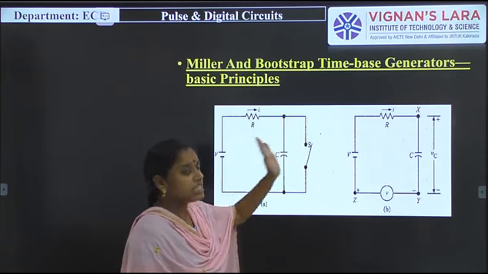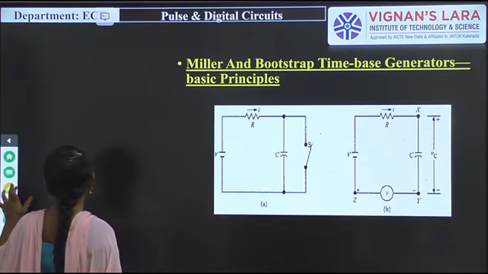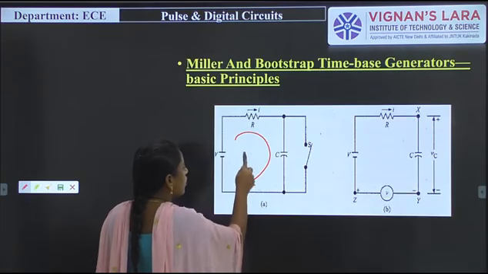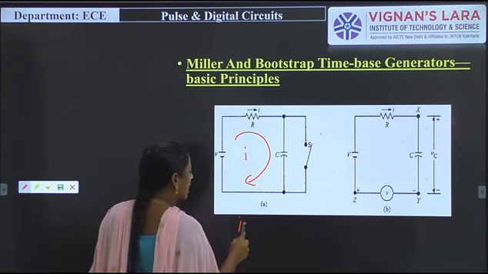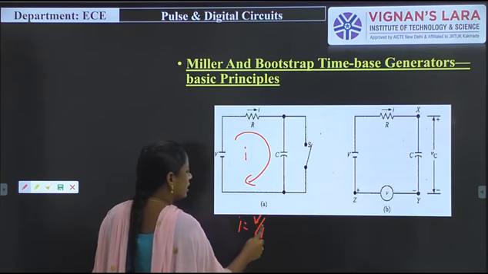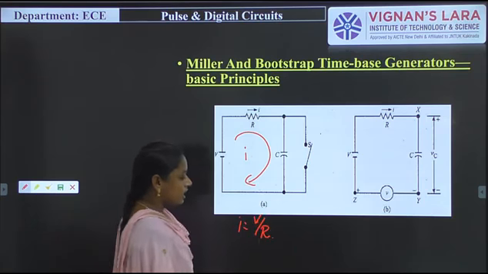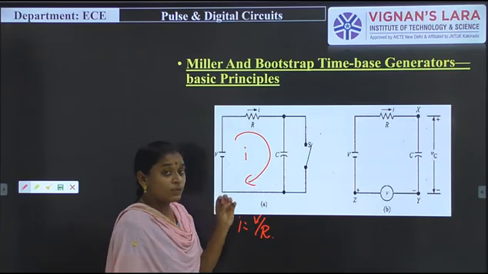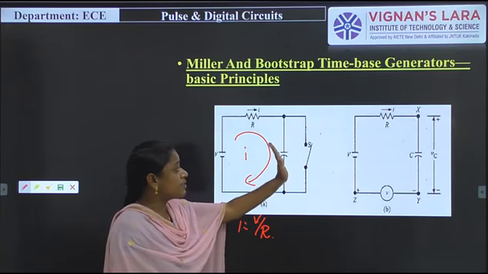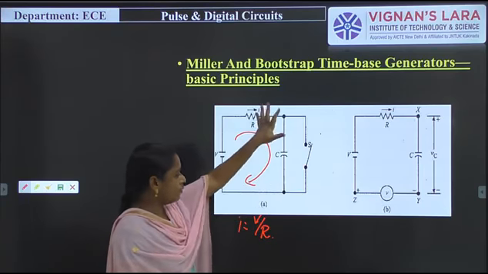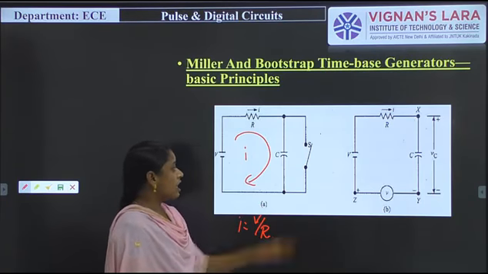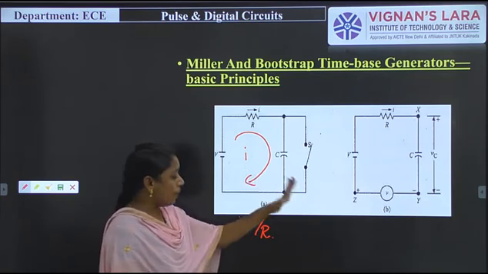When the switch is closed, the current flowing through the circuit will be I, where I is equal to V by R. When the switch is closed, the current will be V by R, but after some time we have to open this switch.